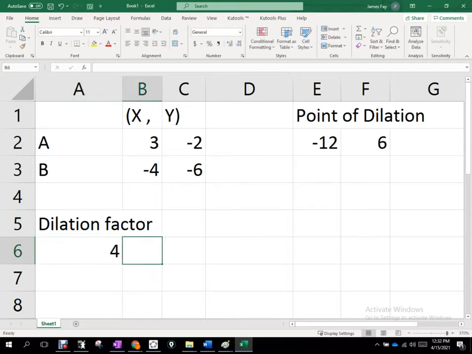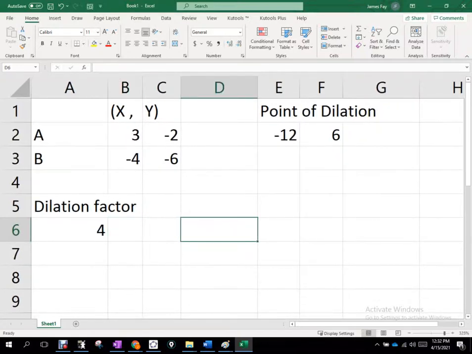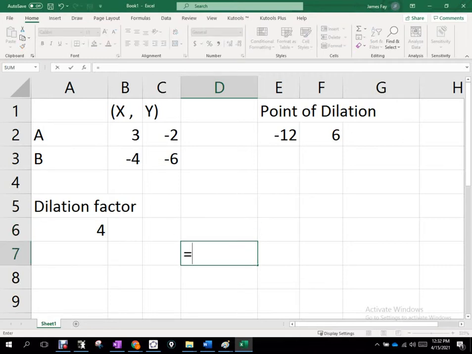We'll say it was 4. Okay. So now what I'm going to do with Excel is ask it to take this stuff here and do exactly what we just did by hand. So we took our original x value from, let's say, point A. I'm going to put equals parentheses, and I grab that number, okay? Now it says B2, and that's whatever is in that cell. Does that make sense? So I can change this eventually if I want to, okay? And we're going to subtract out that thing there.